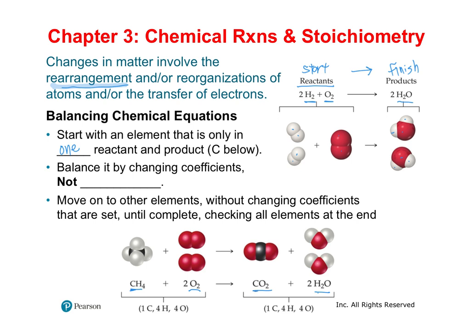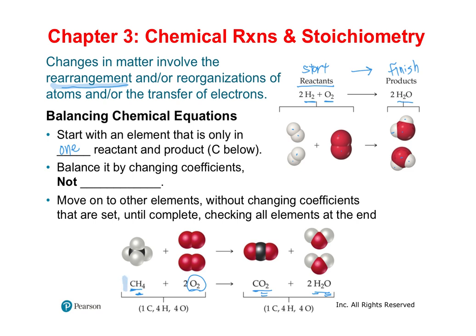Similarly, hydrogen shows up one time in our reactant and one time in our product. So both of those would be fine to start with. But oxygen shows up as a reactant one time, but twice as a product here and here. So we would not want to start with oxygen to balance.